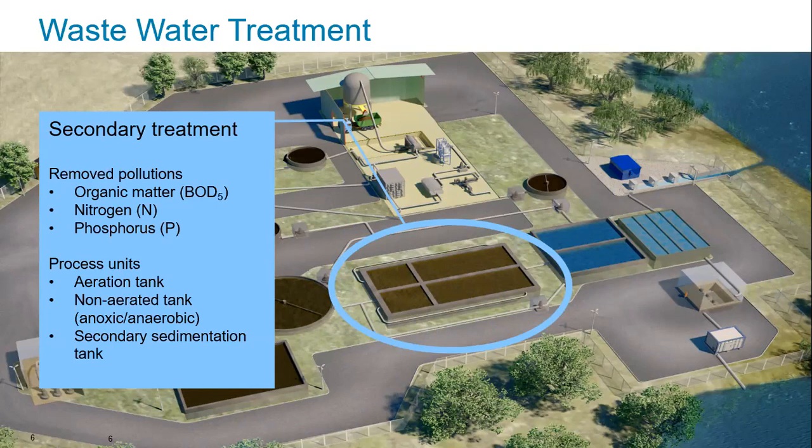And we're using things like aeration to remove organic matter, BOD. We're also removing chemicals, COD, and reducing nitrogen and phosphorus. So as we move on, we are looking at this stage a lot closer, and we'll come on to why that is in a short while.